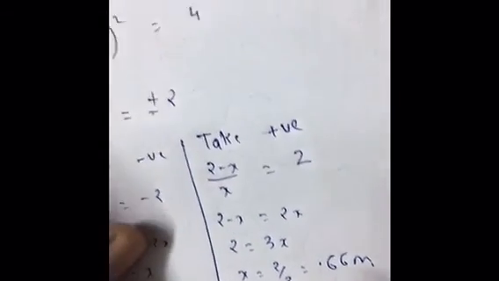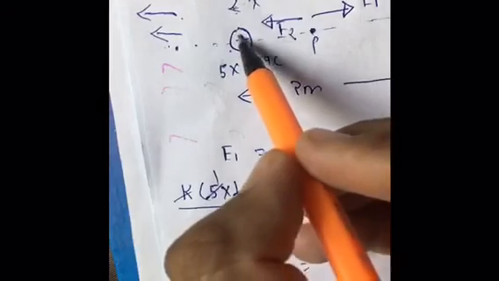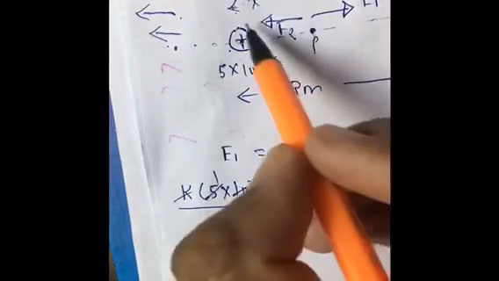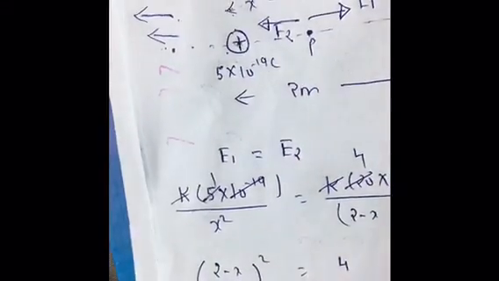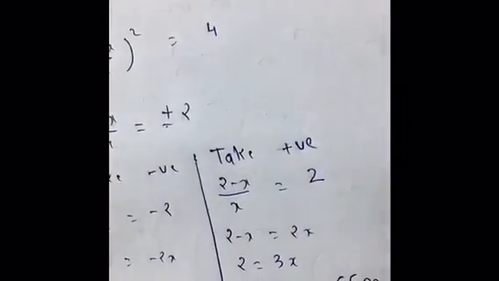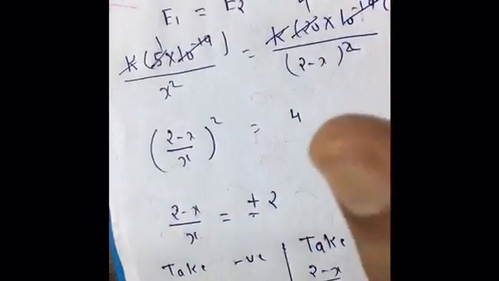It means from the charge 5 into 10 to the power minus 19 coulomb, at 0.66 meter, the electric field will become zero. So this is also an important problem of electric field. You have to understand it.